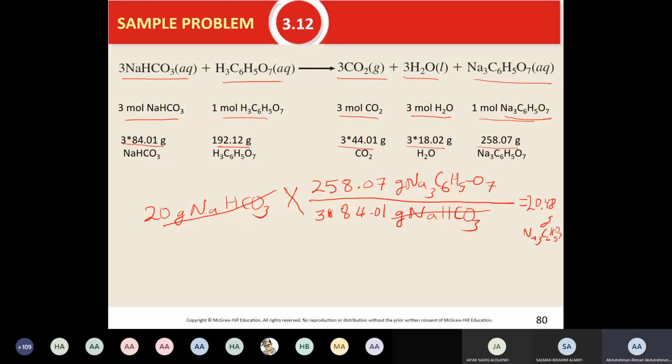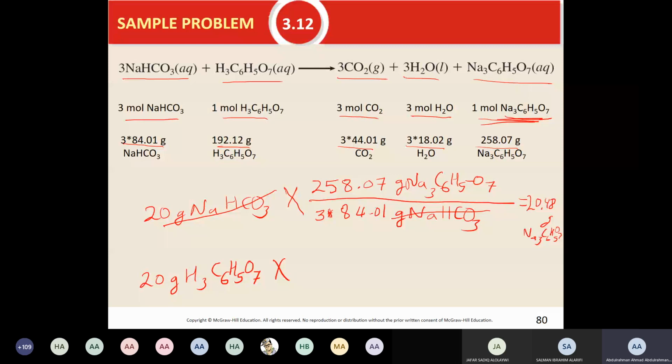Let's assume that I have also 20 gram of H3C6H5O7. Then how much of Na3C6H5O7 am I going to produce?